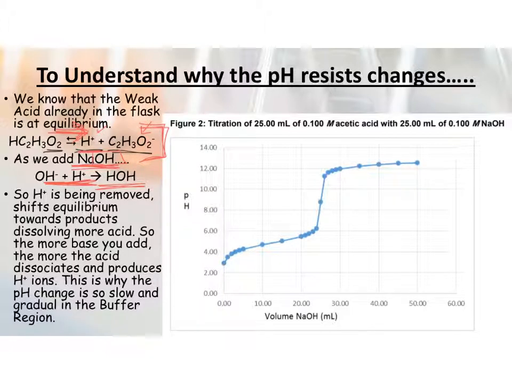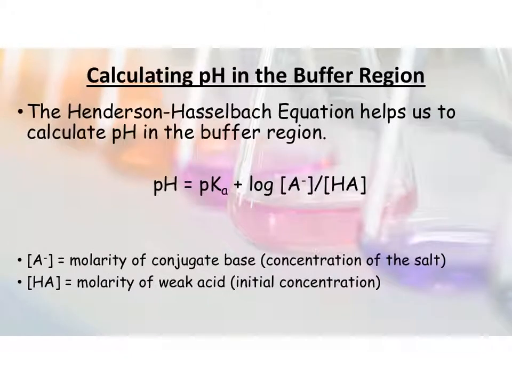So we remove some H plus ions in order to raise the pH to get it to neutral, and in turn the equilibrium just continues shifting towards the right and making more H pluses, which is why you have such a slow change in the pH, because every time you remove an H plus, it seems like the system just produces another one for you.